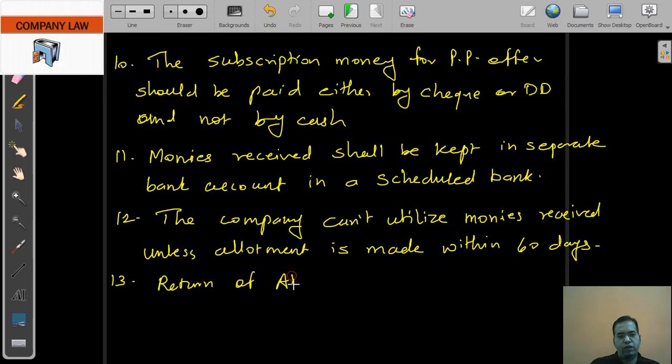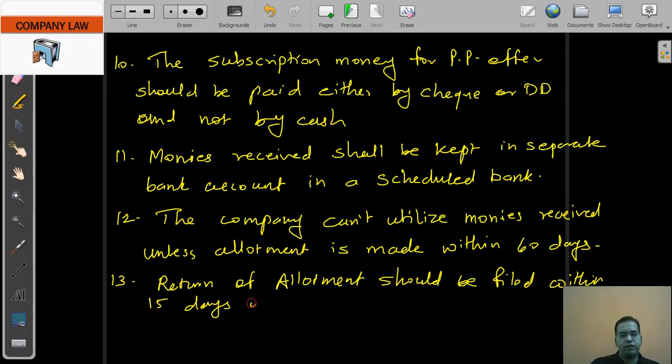Return of allotment should be filed within 15 days with ROC.